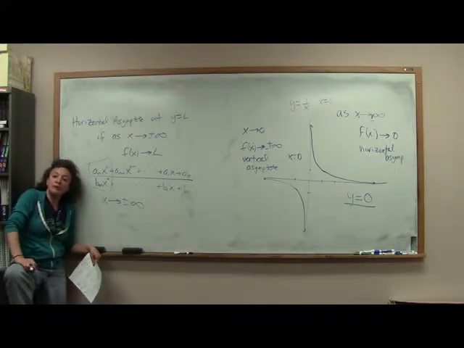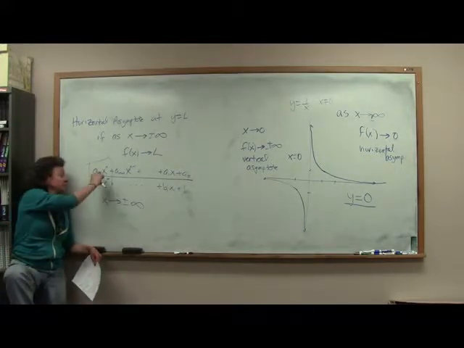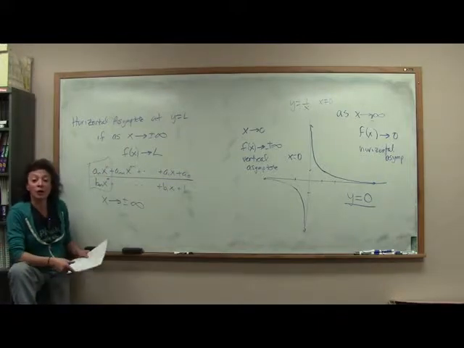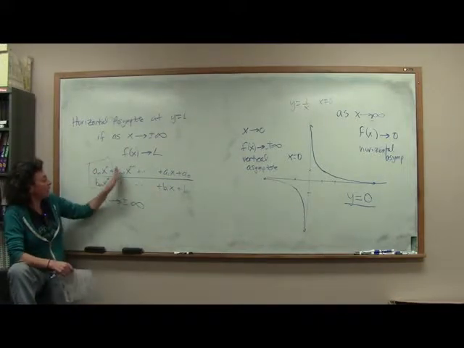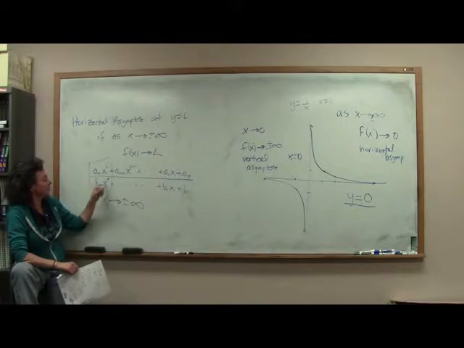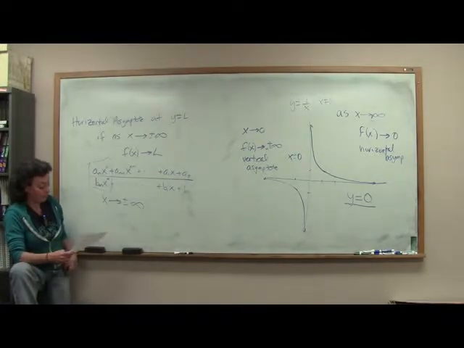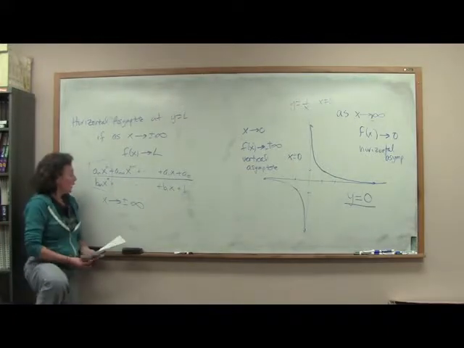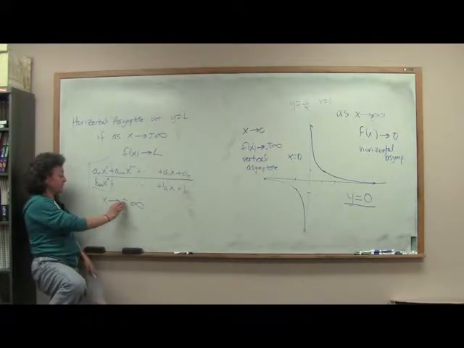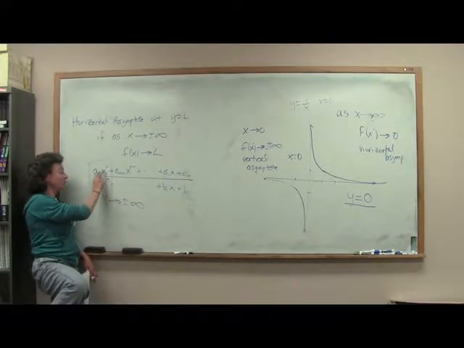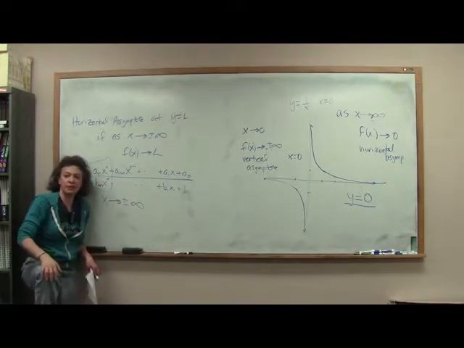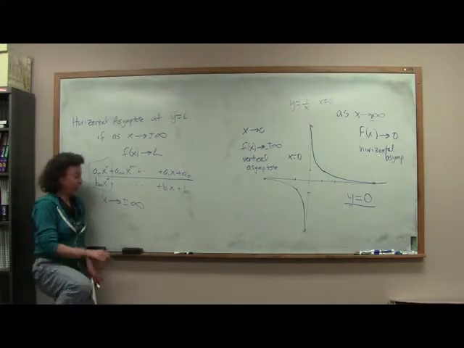Again, because as x gets large, when you raise it to a power, well, this is a higher power than the next, and so on and so forth. This is the only term that's relevant. So, what happens as x gets really large or really small? I claim that depends upon the degree of your numerator and the degree of your denominator.